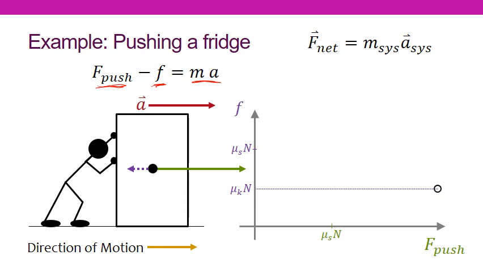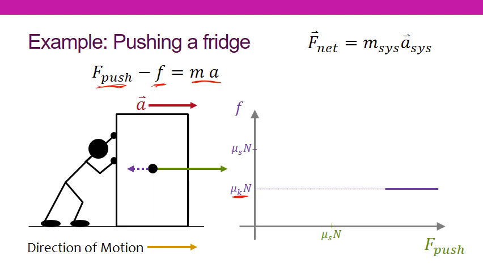I still have a very large acceleration because my pushing force is very large. As I decrease my pushing force, I will decrease along this straight line because my pushing force is going down, but my frictional force remains equal to the kinetic coefficient of friction times the normal force. So I'm going to come straight down along this line with my pushing force.